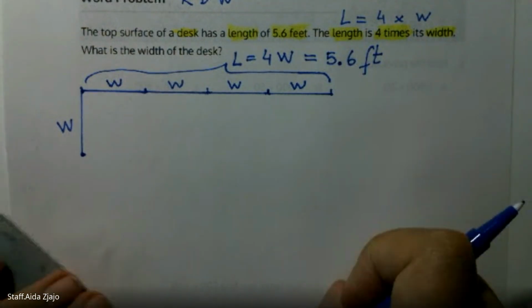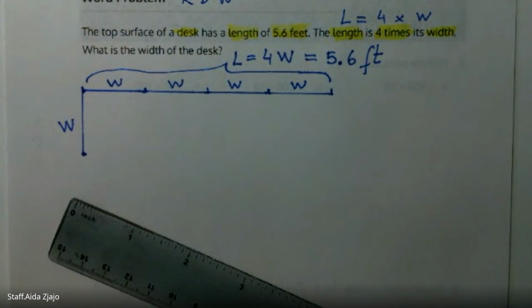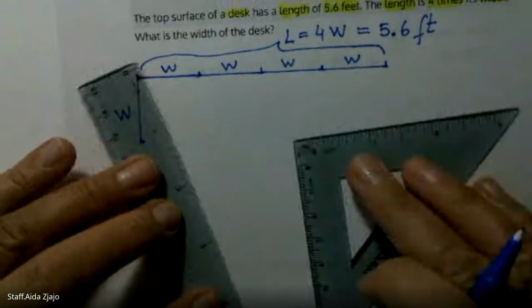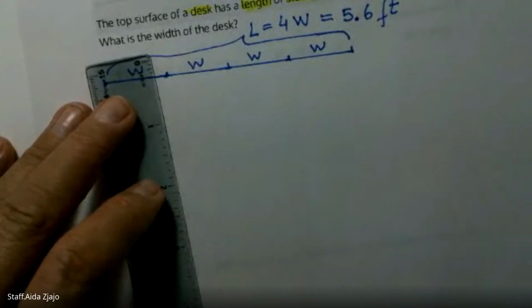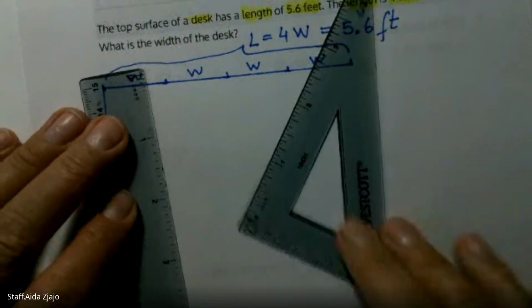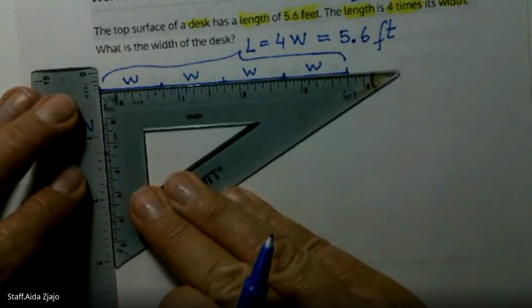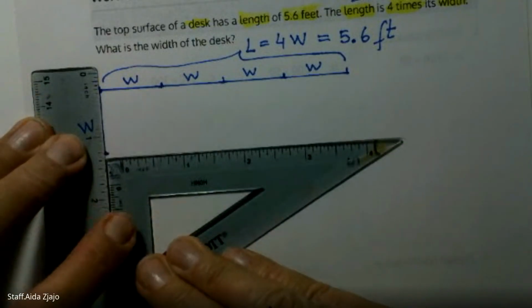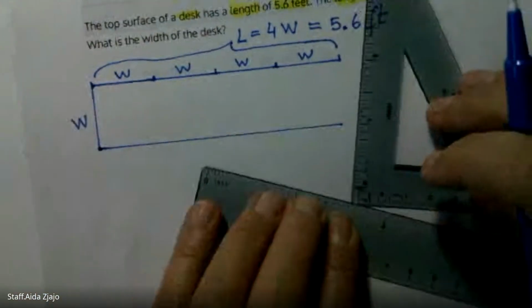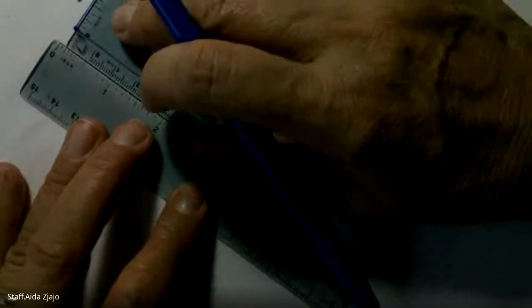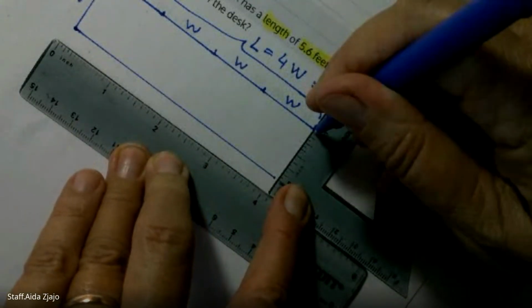Okay, so now we can create that. I'm going to use my right triangle and the parallel lines. I'm going to make another length and then also make a width. Okay, bear with me, guys, till I create my perfect desk.